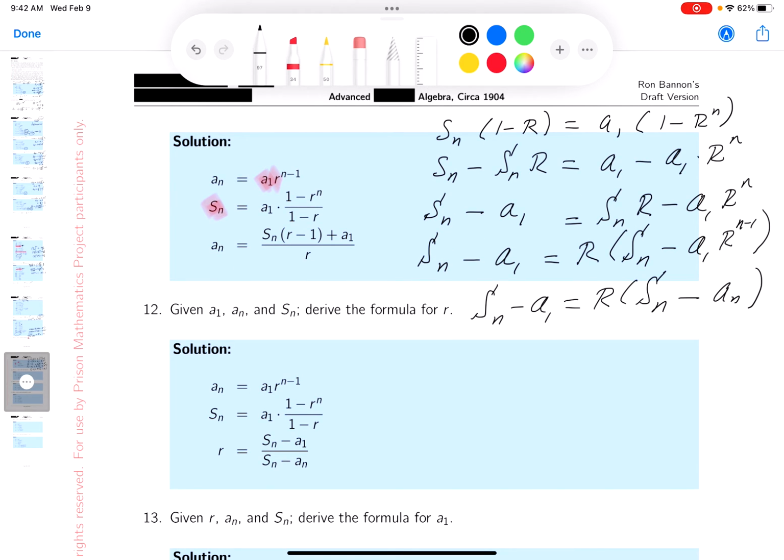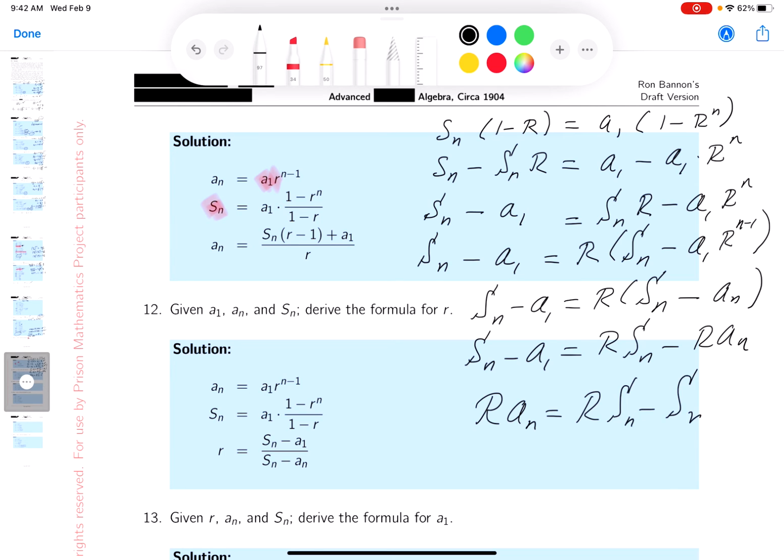So let me write this down for you. It doesn't look easy, but I'll write down Sn minus A1 equals R Sn minus R An. Well, I'm going to move things around. R An equals R Sn minus Sn plus A1.